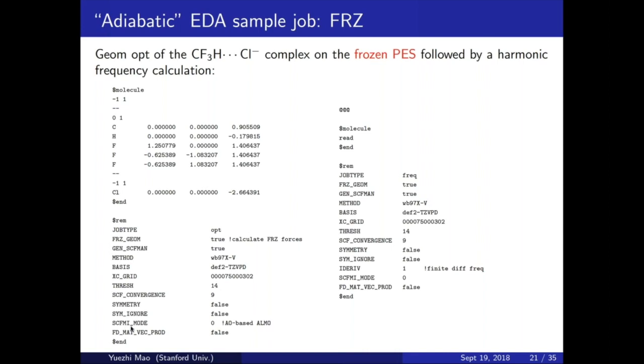And also we set this SCFMI_MODE to 0, which indicates the AO-based ALMO method. And followed by this geometry optimization, we do a frequency calculation. And here the forces on the frozen surface still need to be calculated, and everything else should be just the same. Also, oh yes, we need this IDERIV 1 for the finite difference frequency.